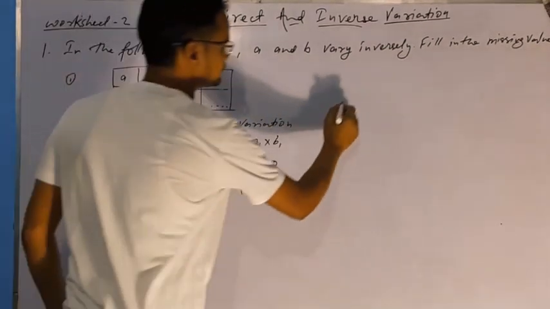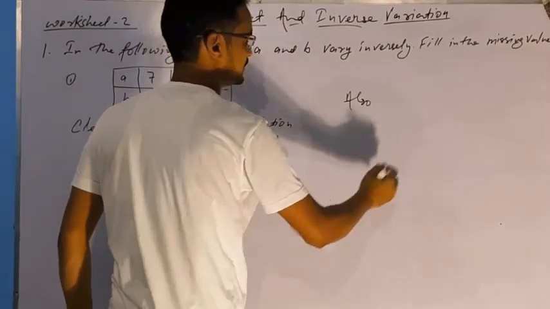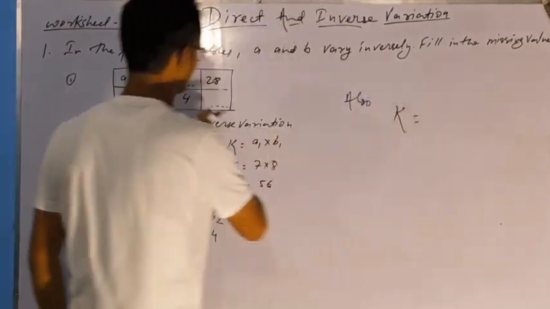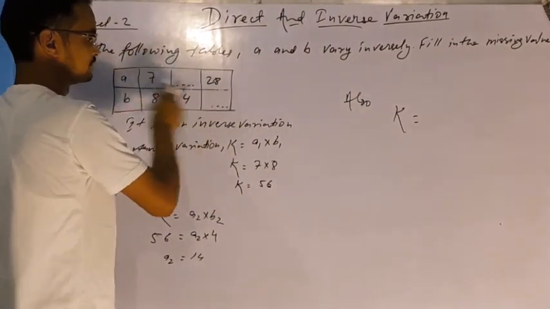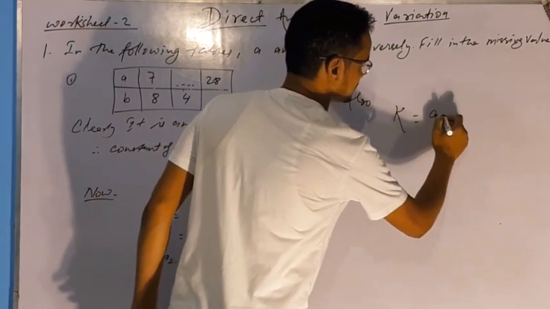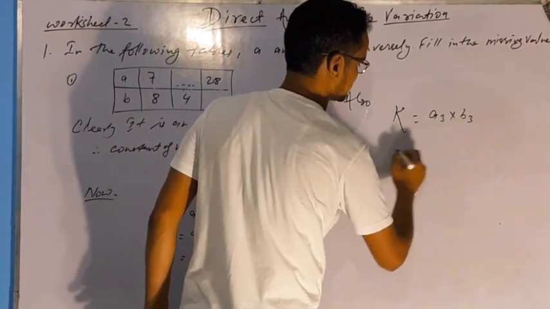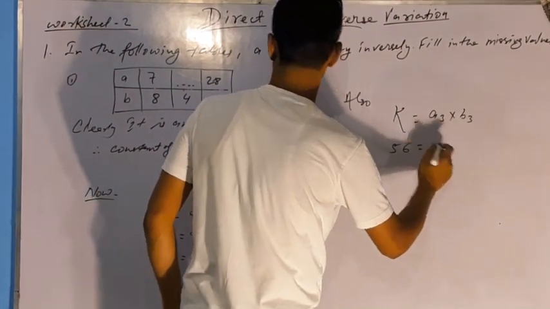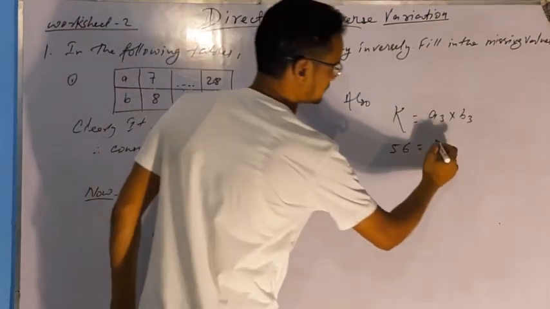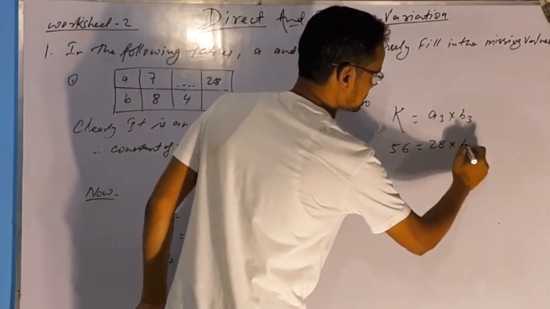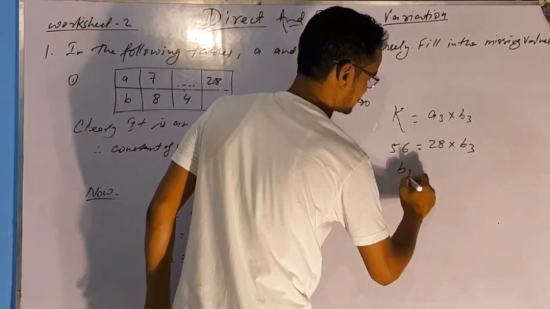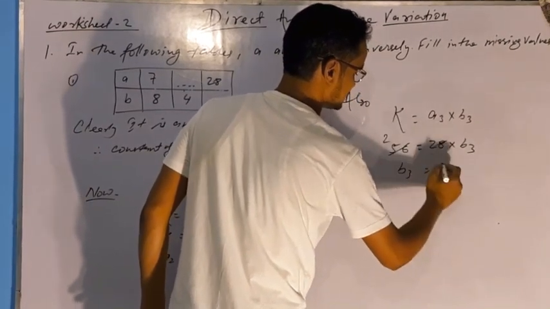Also, k is equal to the third pair, a3 multiplied by b3. a3 is 28, so 56 equals 28 into b3. b3 is equal to 56 by 28.